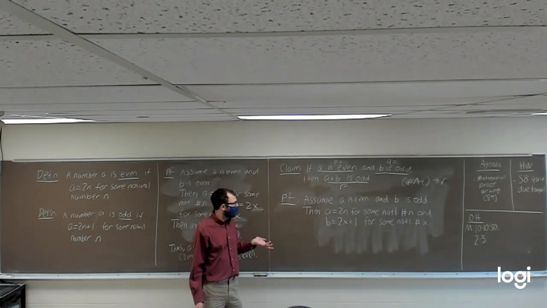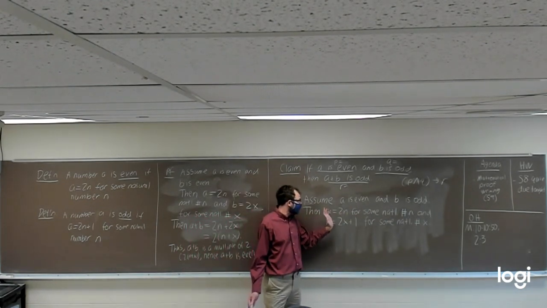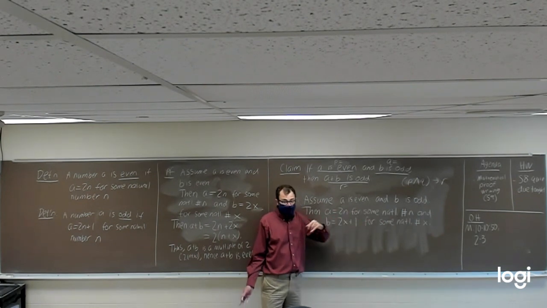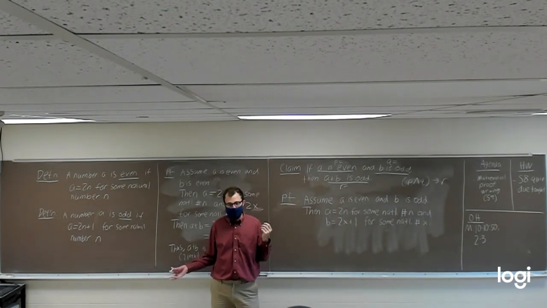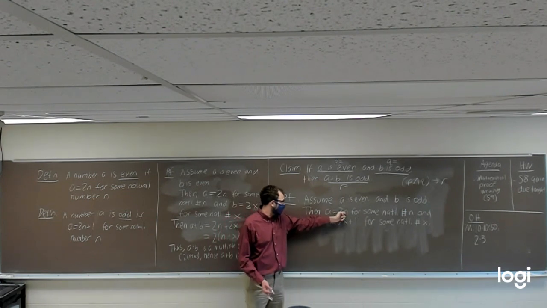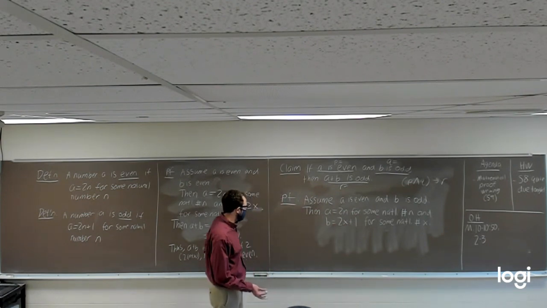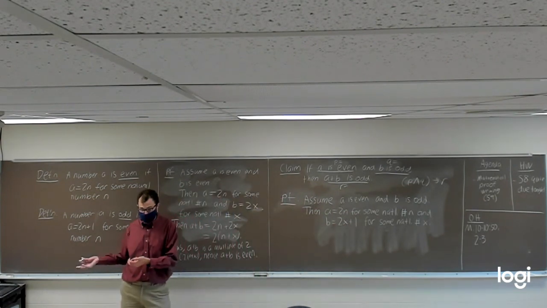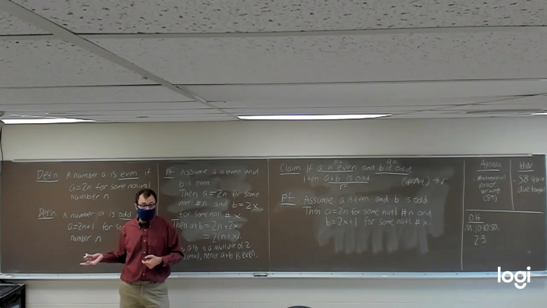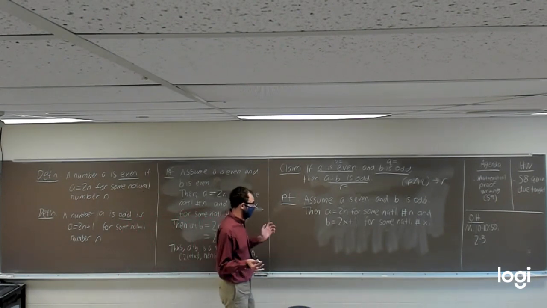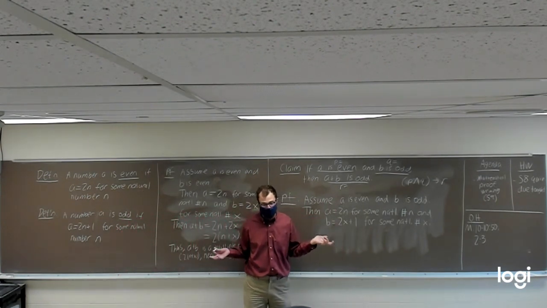And just like before, if A is even, A is equal to 2n, B is odd. We don't want to use the same n again because the variable here doesn't have to be the same as the variable here. We just know B has to be equal to 2 times something plus 1, and that something doesn't have to be the same something in the equation A equals 2n.